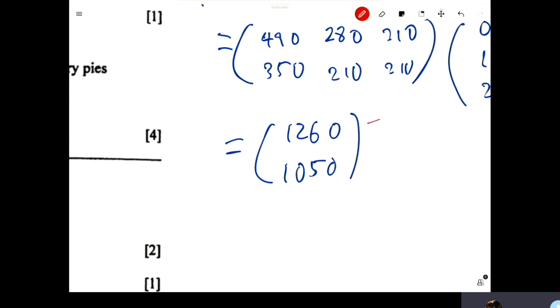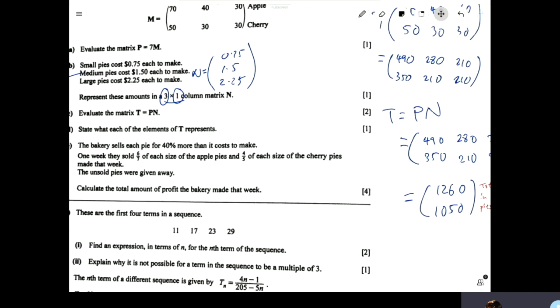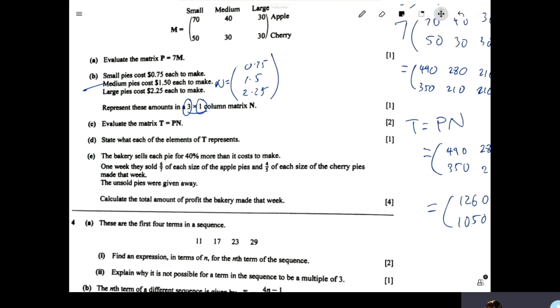That means this is the total cost in making the pies. So first one is apple, right? Then the other one is cherry in 1 week. Okay? Is this alright? Yeah.